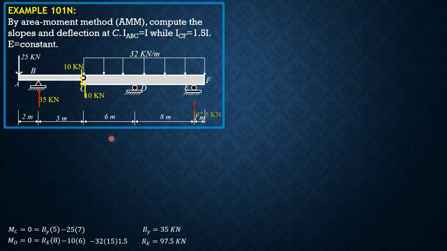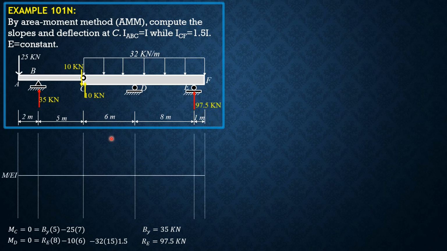So let's now prepare the moment diagram by parts. Remember, we select C as our moment center. So 25 times 7, the moment of inertia is just I, so there's no need to divide by 1.5. 25 times 7 is 175 over EI. Then this is 25 times 2, so 50 over EI. Then 35 times 5 is 175 over EI.